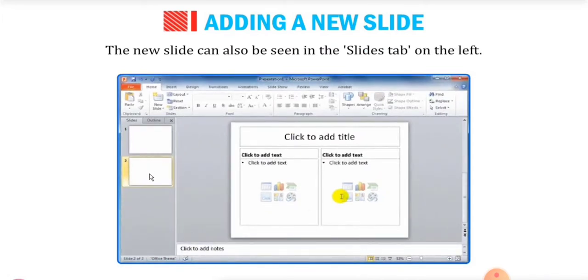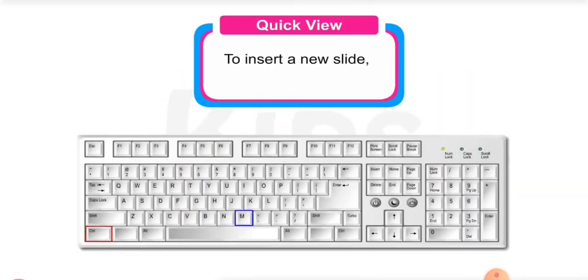Here you can see in the slide tab the new slide can be seen. Quick view is there. To insert a new slide, press Ctrl+M. Ctrl+M is a shortcut key which we can use to add a new slide in our presentation. Ctrl and M keys are pressed together to add a new slide in your presentation.